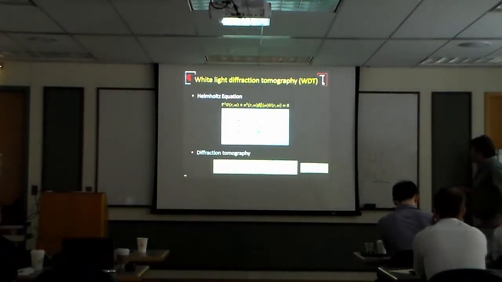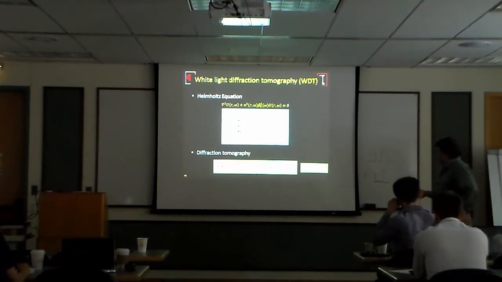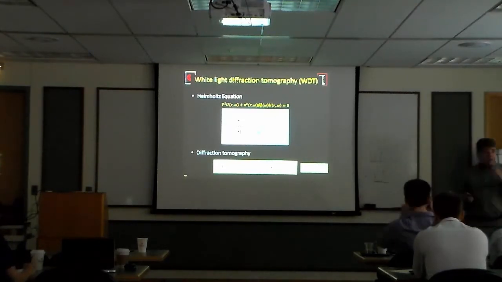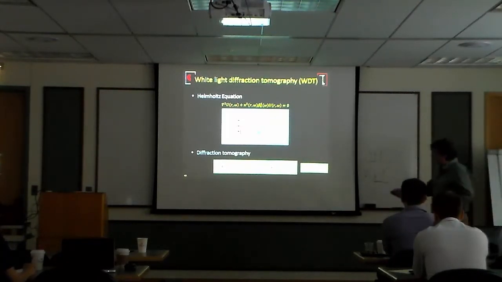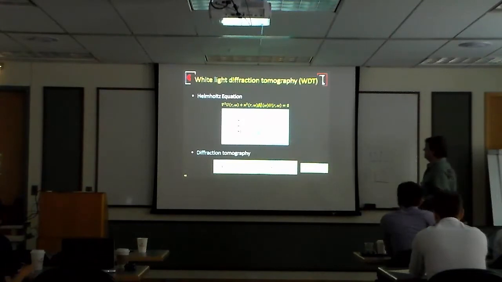Long story short, if you start with an inhomogeneous Helmholtz equation, you end up with the scattered field that, in the Fourier domain, is related to the scattering potential. This is just the refractive index minus some background. And this is a very simple relationship. You can take chi from this equation with no problem. This was done for monochromatic light, single frequency, and scattered field, meaning fields detected far away from the object.